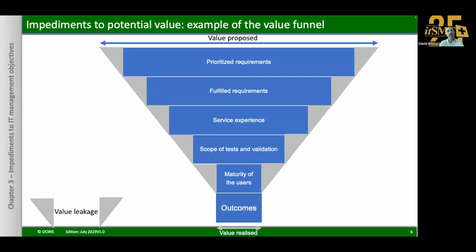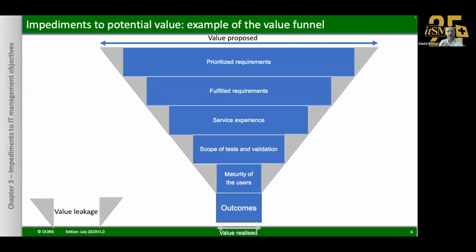In this slide, you can see what I explained previously. You have the value proposed, which is, for instance, in a business case. Then, at each stage of the product and service life cycle, you find that this proposed value is diminished, because you have requirements, prioritized requirements based on constraints, and technical constraints that mean some requirements cannot be fulfilled, and so on.